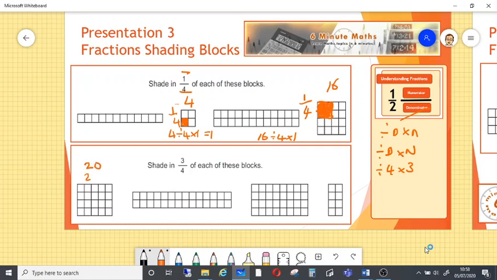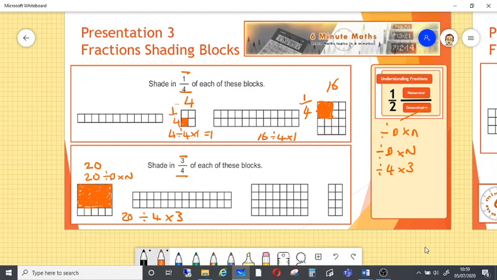So 20 divided by 4 times by 3. 20 divided by 4 is 5. 3 lots of 5 is 15, so I'm going to need to shade in 15 blocks, which are those blocks there. And I'm just going to put a squiggle through them so we know which ones they are. There we go. I'm pretty sure you guys will be better at this than me.